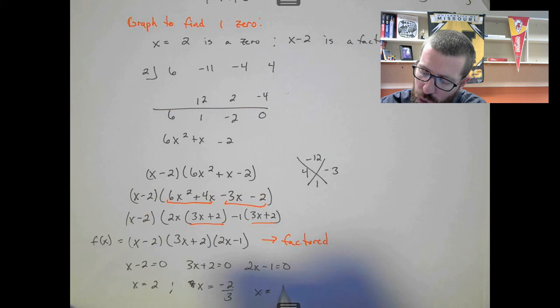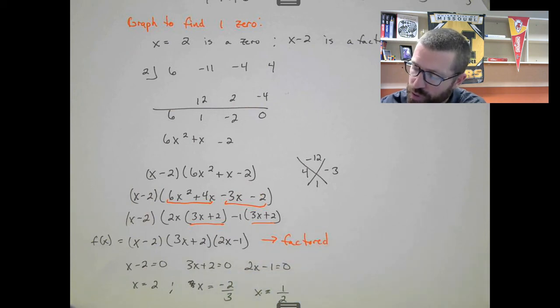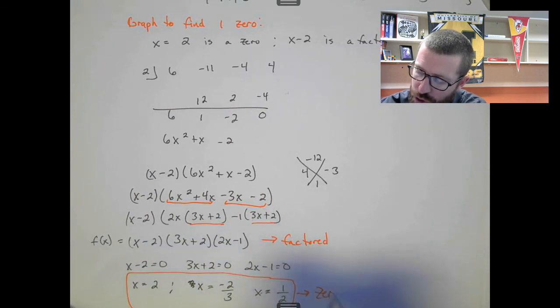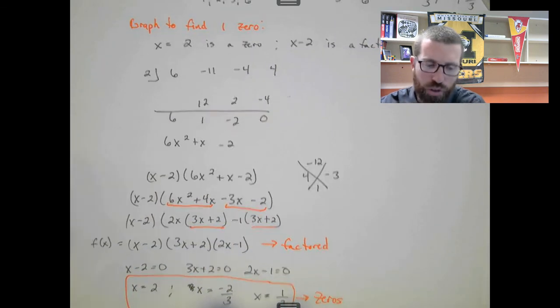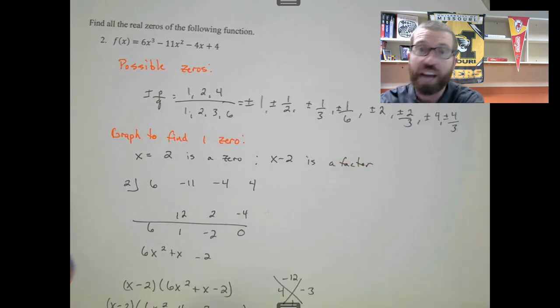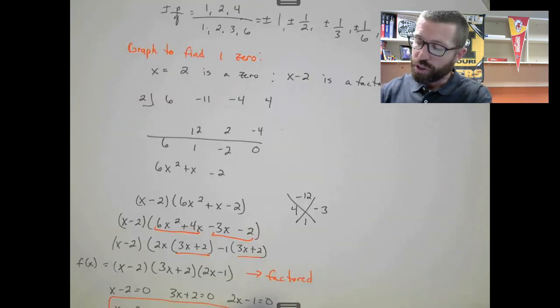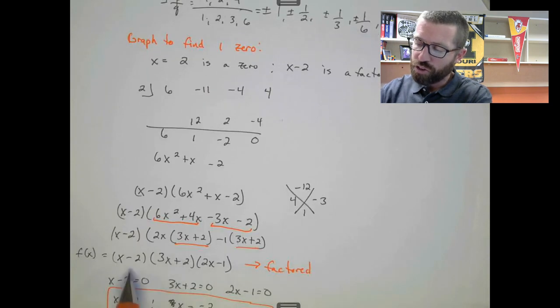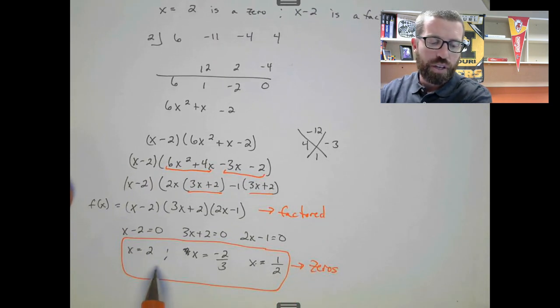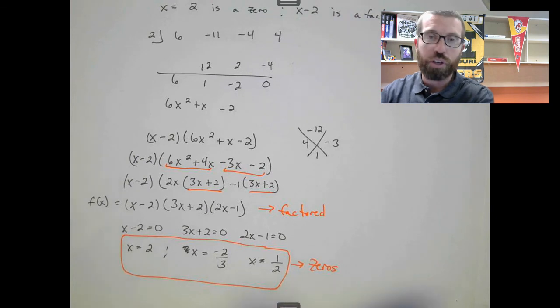And then add 1 and divide by 2. And these values are your zeros. So once again, there are possible zeros here, possible rational zeros. We have the graph and then synthetic division to find the factors, and then the zeros here.